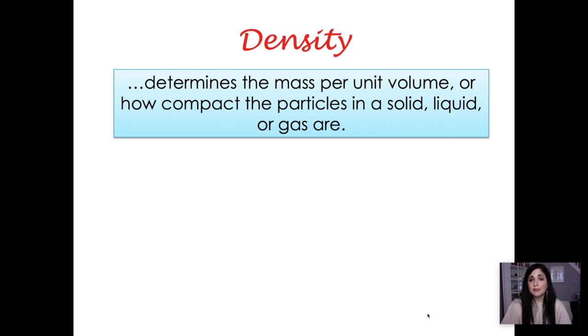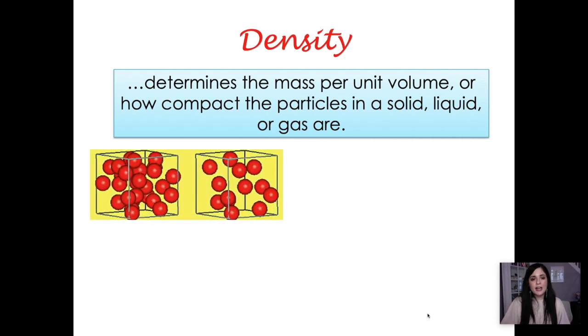So we just talked about solids, liquids, and gases in terms of states of matter. Solids and liquids are typically very dense relative to their gas counterparts. And that's because gas particles, like we said, are far apart relative to their size. So their mass per unit volume is very, very small. There's not a lot of mass in a given space compared to solids or liquids.